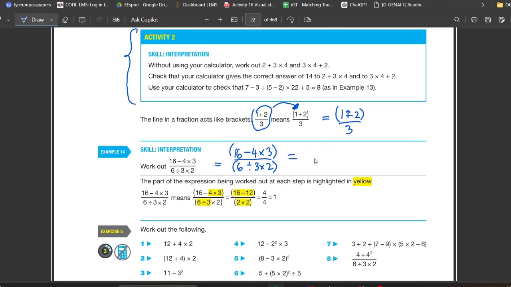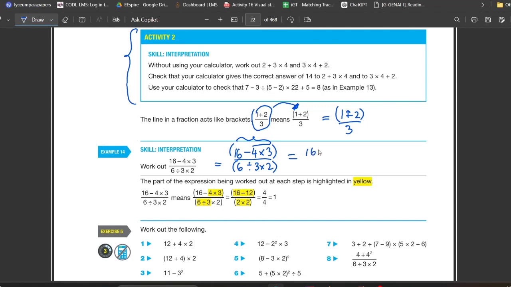So then we have to do the brackets first. That means we have to get a single number for this bracket. So inside the bracket, now the order of operation also works. Now inside the bracket, first we do 4 times 3.